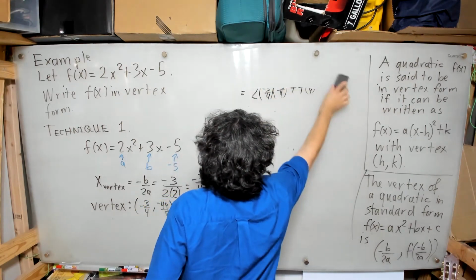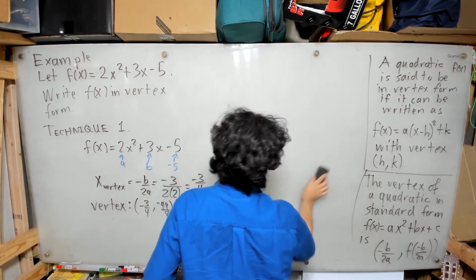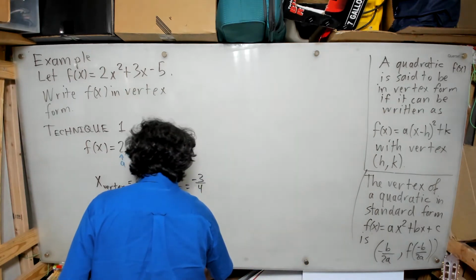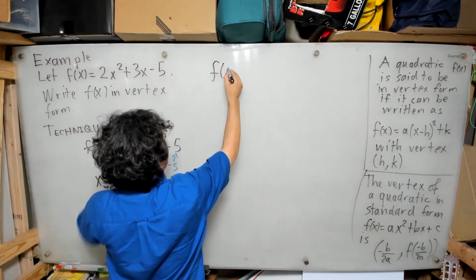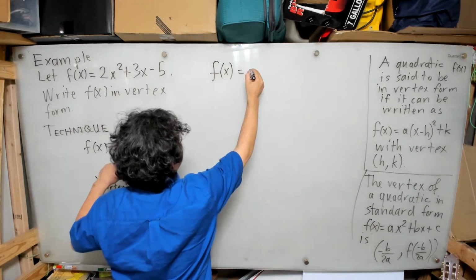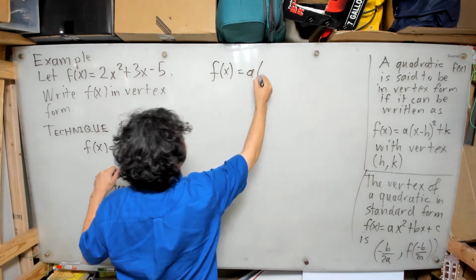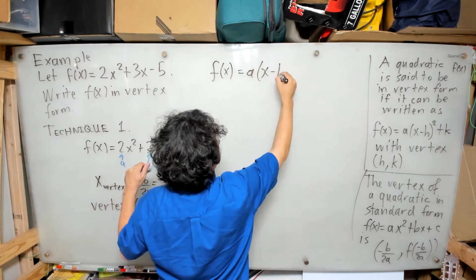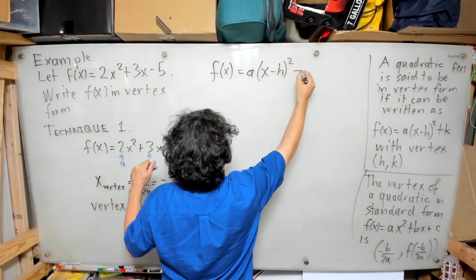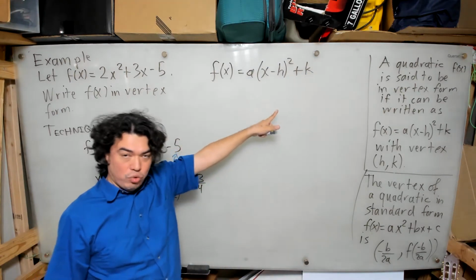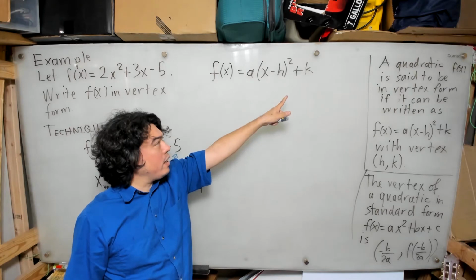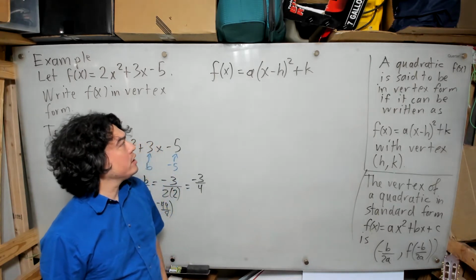So what is the advantage of having gotten the vertex? Well, we know that a quadratic in vertex form is f of x equals a times x minus h squared plus k, where my h is the x coordinate of my vertex and my k is the y coordinate of my vertex.